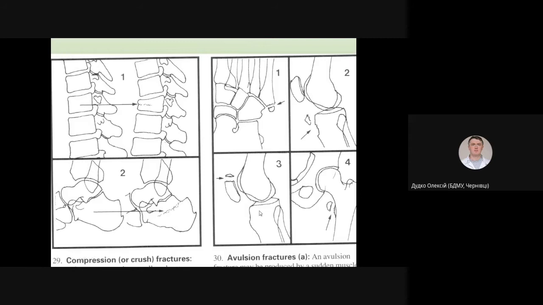But for severe fractures, like the third degree and sometimes the second, transpedicular fixation surgery can be considered.